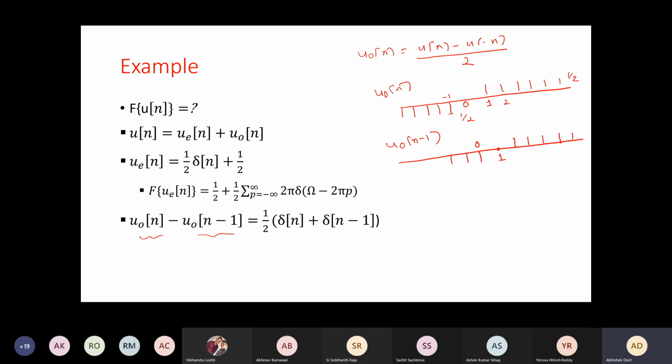Okay, if I subtract these two things, of course this part will get cancelled, right? This part also gets cancelled. So what remains is something here and something here. On subtraction, this thing gets flipped. So I will get something here and something here, with an amplitude half. So this is at 1 and this is at 0. So U odd n minus U odd n minus 1 will be this signal.